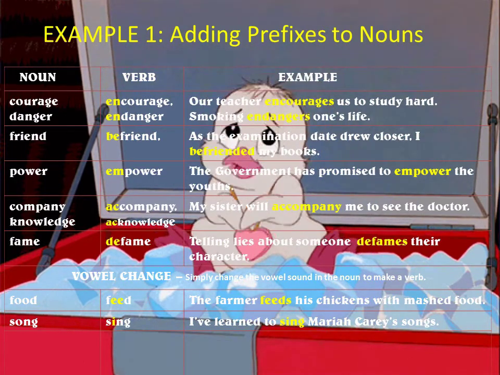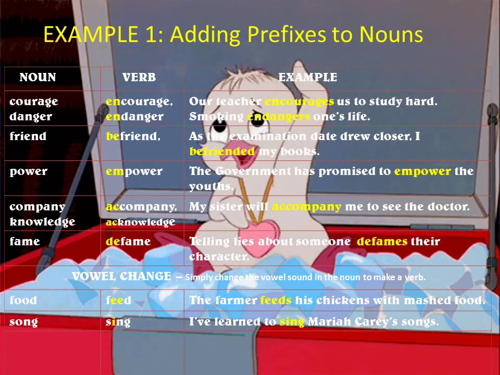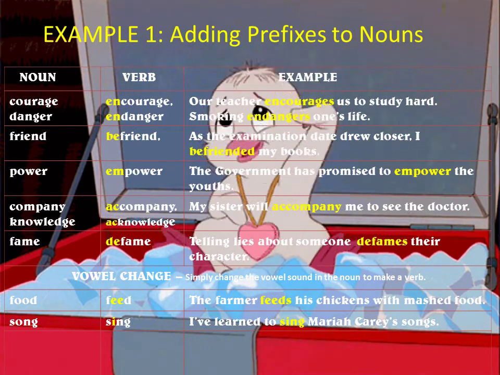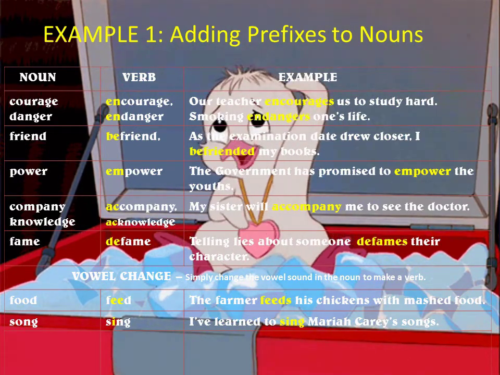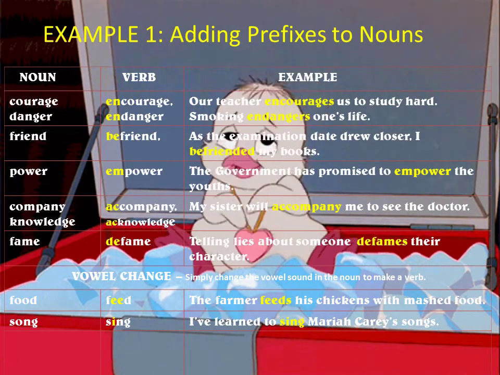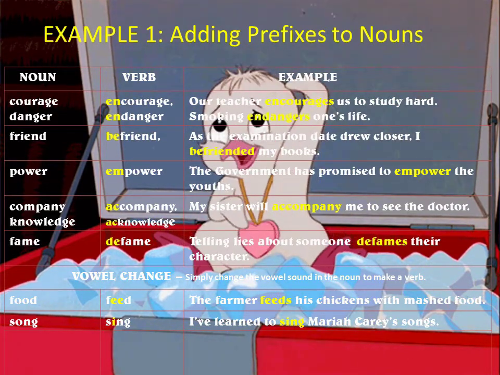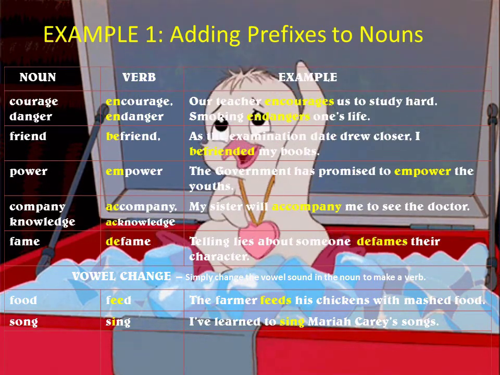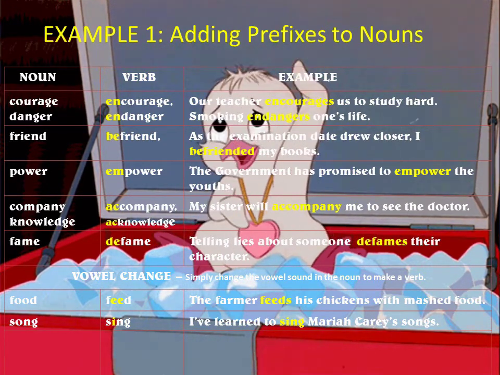Okay, now changing it to a verb, I change the oo sound to e, and now I have feed. So from food to feed. The farmer feeds his chickens with mashed food.